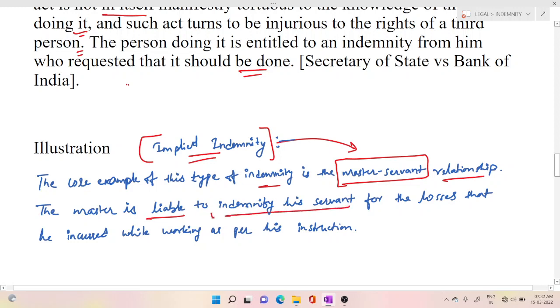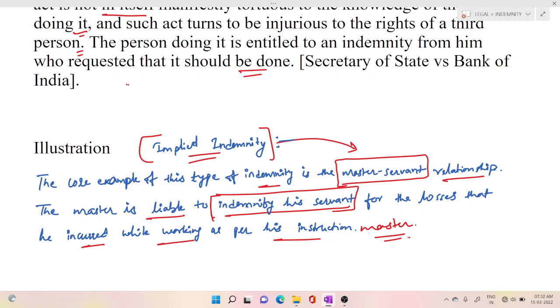Okay, the master will indemnify the servant for the losses that the servant incurred while working as per the instruction of the master. The master is completely liable to indemnify his servant for the losses that the servant has incurred while working as per the master's instruction.